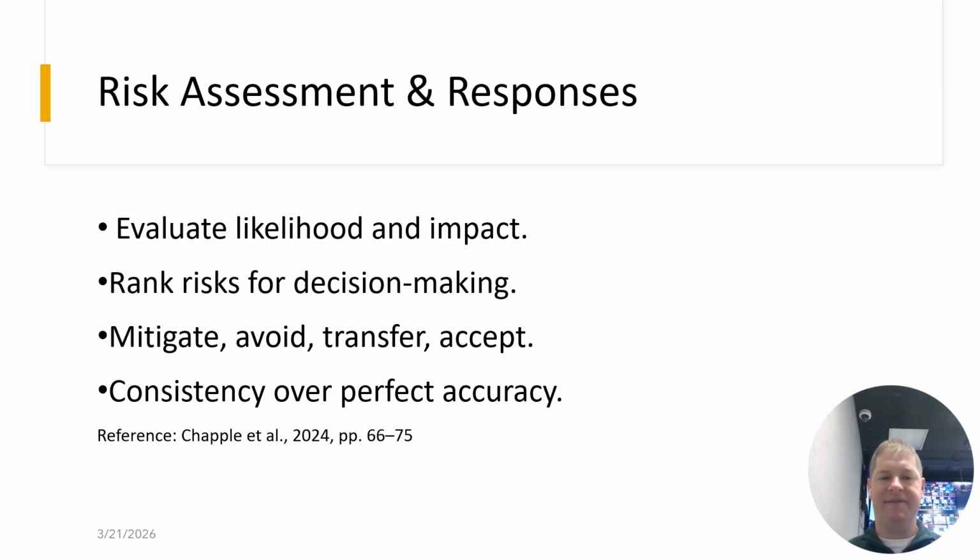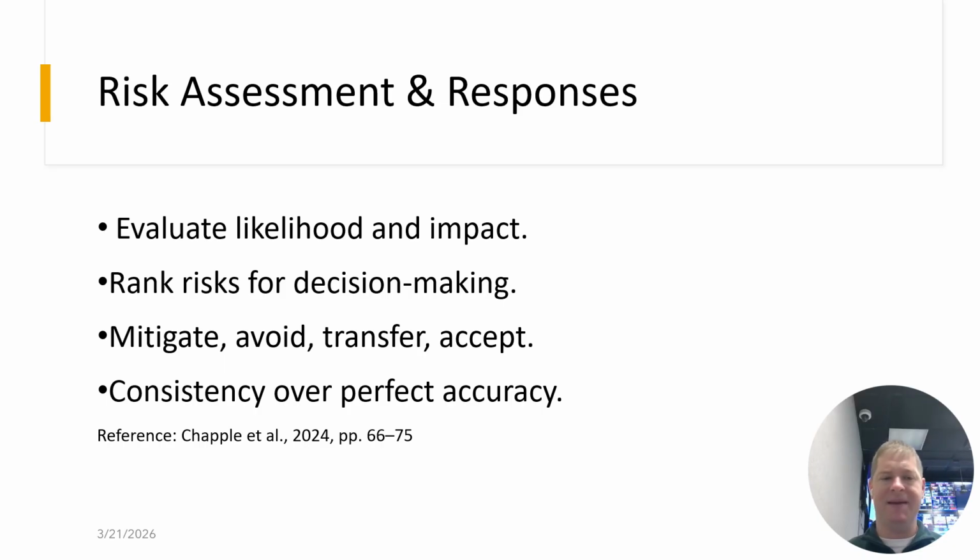Once risks are identified, organizations perform a risk assessment. This involves evaluating two main factors. The first is likelihood, how probable the risk is, and the second is impact, how severe consequences would be. These risks are then ranked to support the decision-making process. Organizations have four main options for responding to risk.